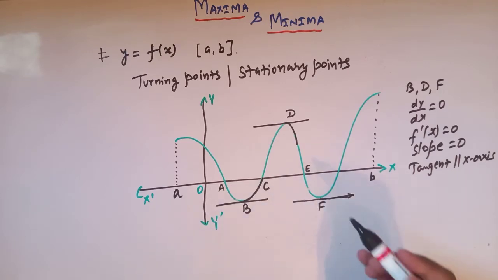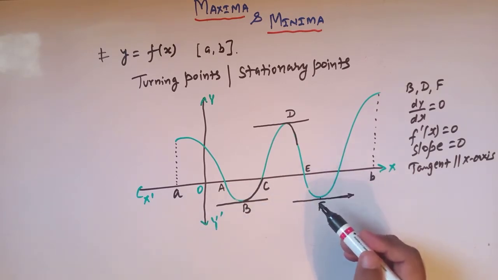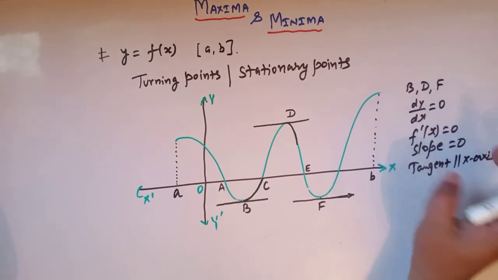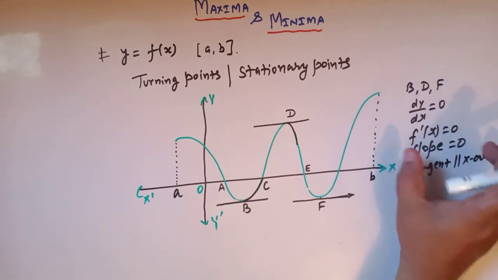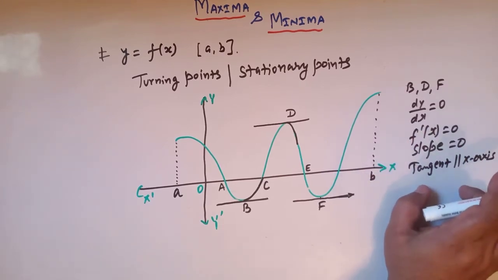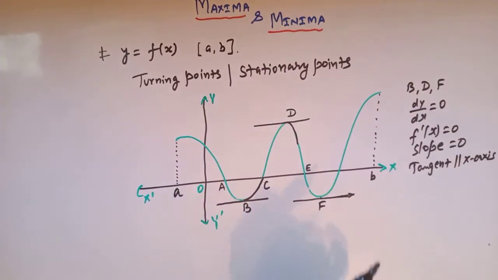So turning points are the points where the derivative is 0, or the slope of the tangent is 0, or the tangent is parallel to the x-axis. Turning points are also known as stationary points.